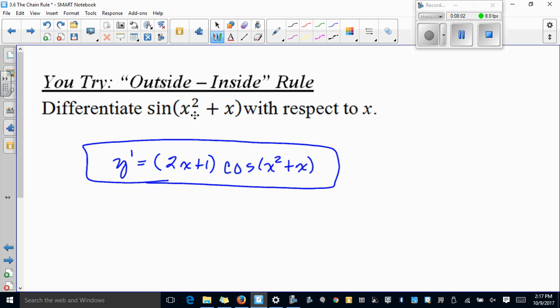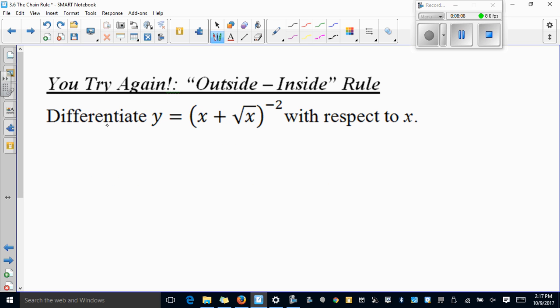All right, so this one here, y prime, derivative of the inside is going to be 1 plus, we can always do this one, square root of x is x to the 1/2 power, which is really going to be 1/2 x to the negative 1/2 power, or 1 over 2 square root of x.